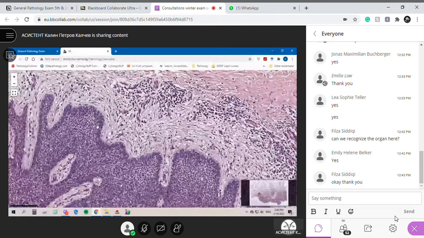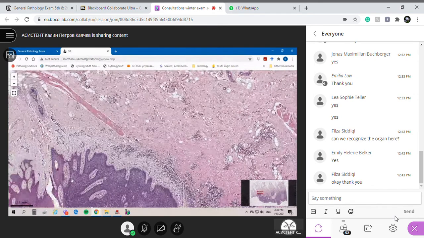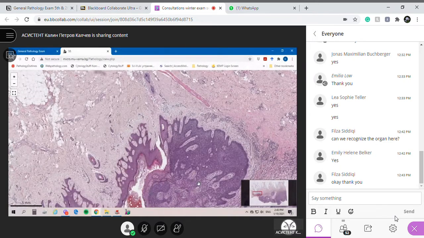When we see this palisade arrangement of cells which resemble the basal cell layer of the epidermis, we define this as a basal cell carcinoma of the skin. This is one of the most common cancers of the skin.